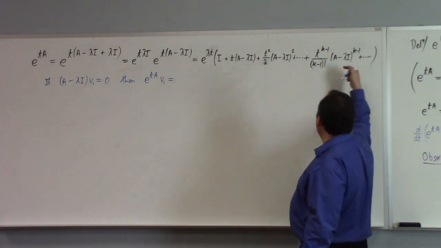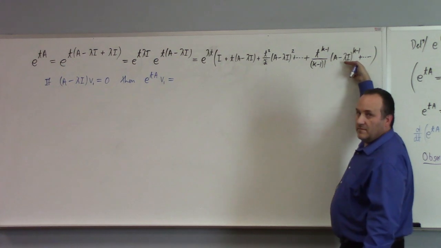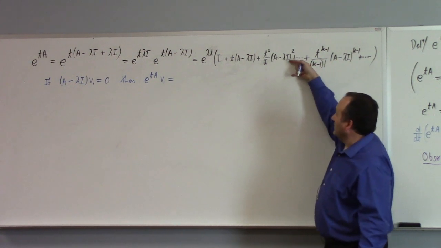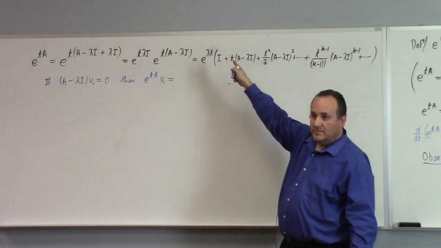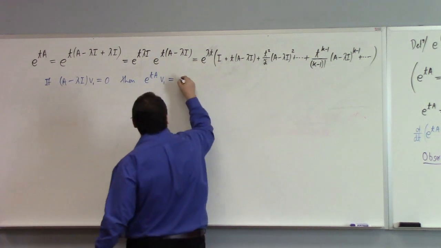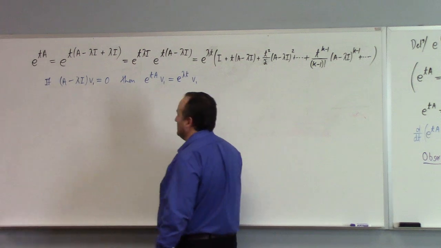See what happens when v1 hits this? 0, 0, 0, only the I survives. So we get e to the lambda t times v1.